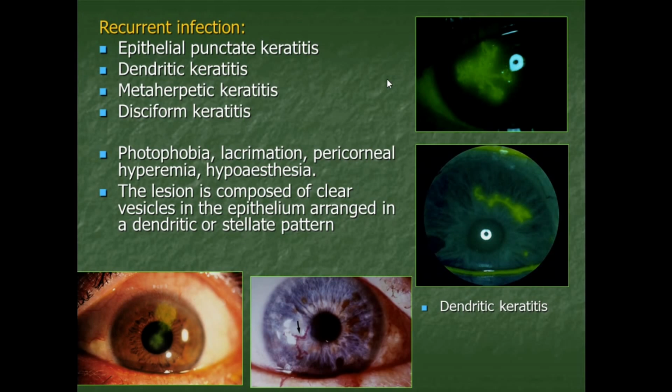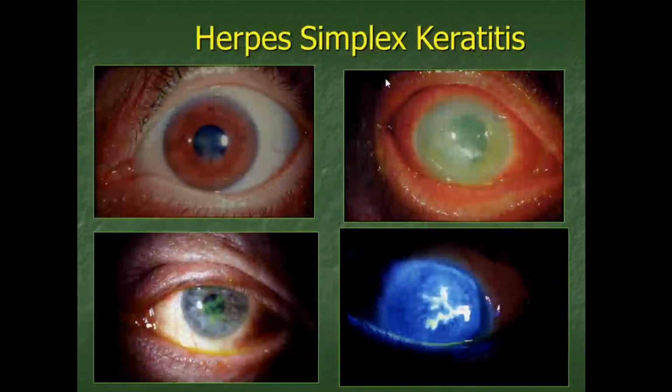Patients with herpes viral keratitis usually complain of photophobia, lacrimation, pericorneal hyperemia, and hypoesthesia. Look at this picture.